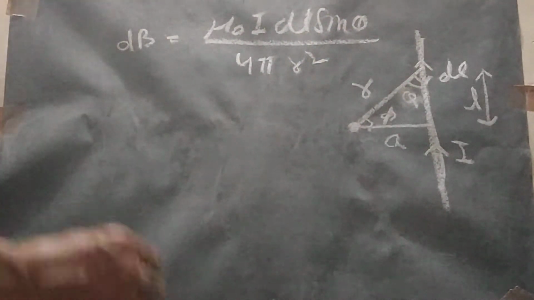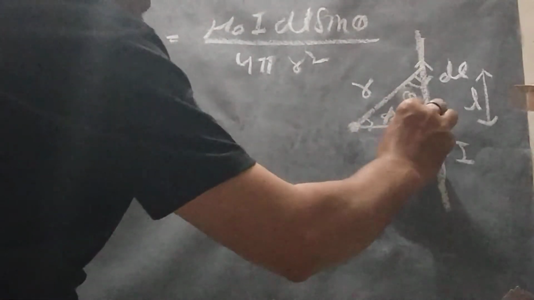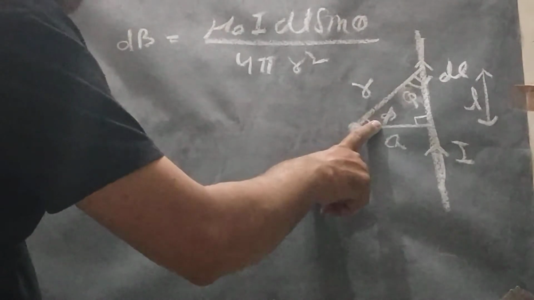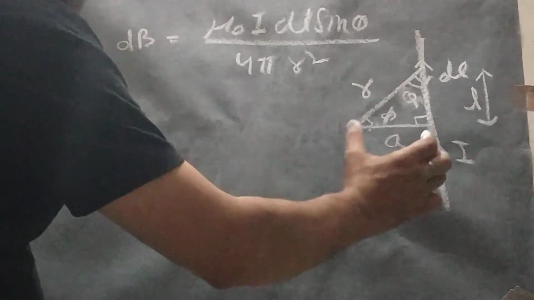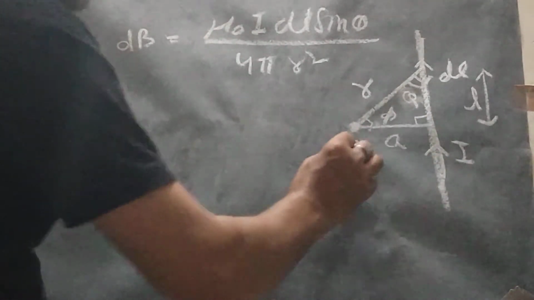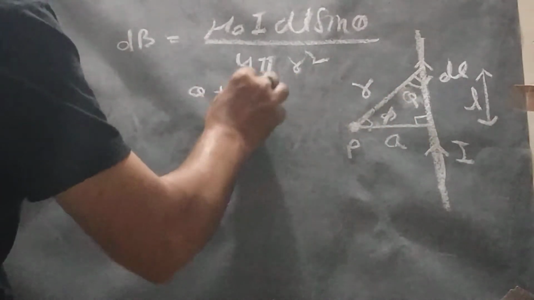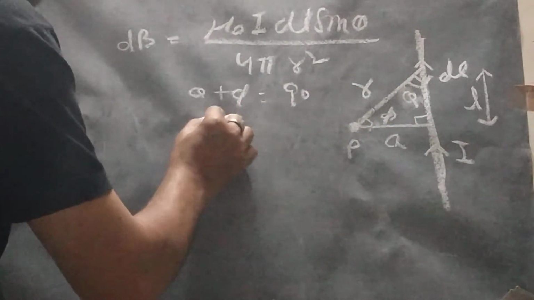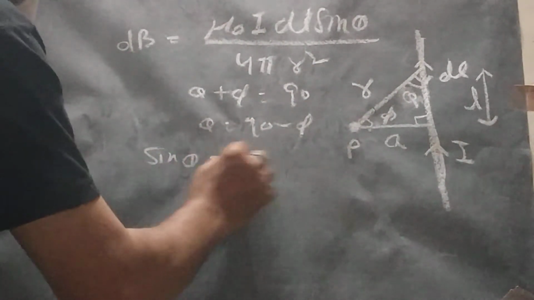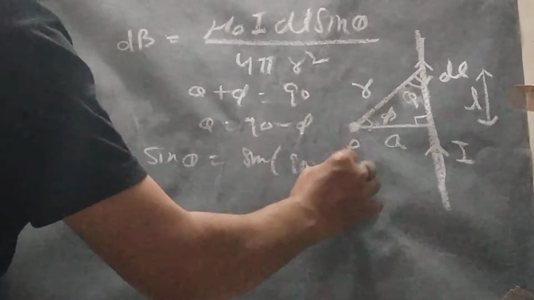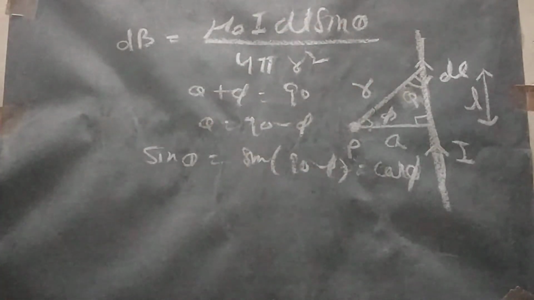So here again we will have to make some calculation, like we will put this theta in terms of phi, because this is the straight perpendicular distance from the current at point P. First of all, theta plus phi equals 90. Therefore theta equals 90 minus phi, and hence sine theta is sine of 90 minus phi, which is equal to cos phi. So we will replace sine theta by cos phi.